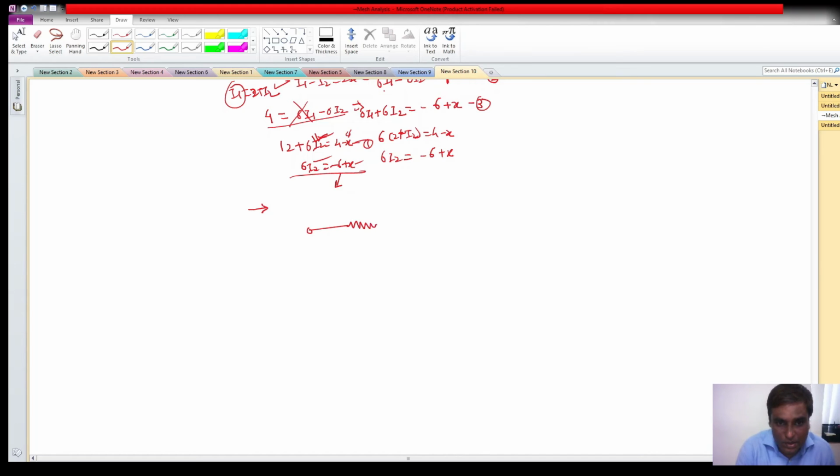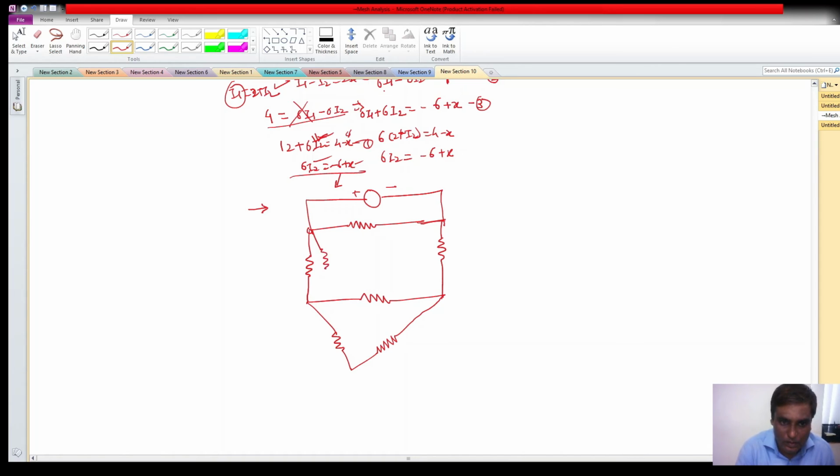So suppose I have a network like this, with a voltage source present like this, and resistors R1, R2, R3, R4, R5, R6, R7, R8. So is this planar or non-planar? If you look at it, it is very complicated, right?